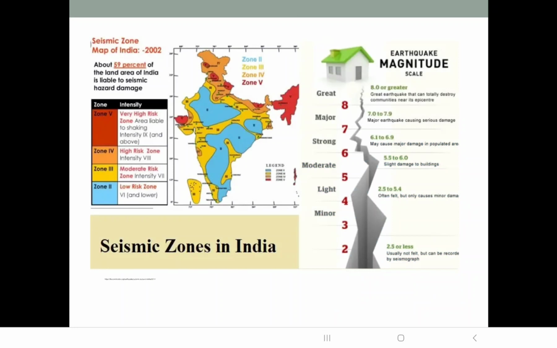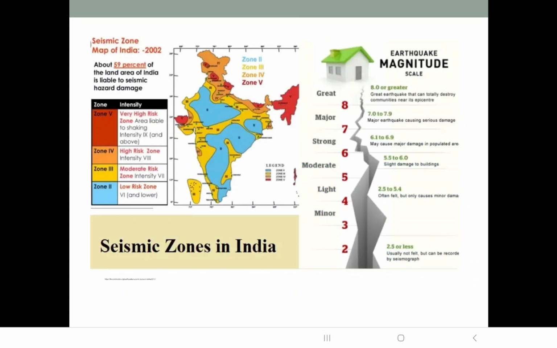So you can see the northeast and a few patches in the west coast, that is Gujarat, and again in the northern part of the country, that is the Himalayas. These are highly susceptible to earthquakes.